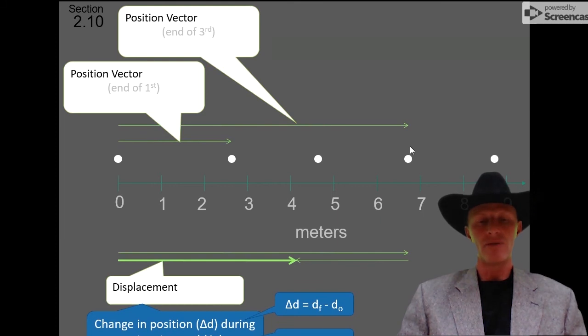Delta is that triangle. And we could look at the time interval the same way. Our time interval is going to be our final time minus the original time. So we're looking at the end of the third time interval minus the end of the first time interval. And if it's 3 seconds, the end of the third second minus the end of the first second, we got this displacement happened in 2 seconds.